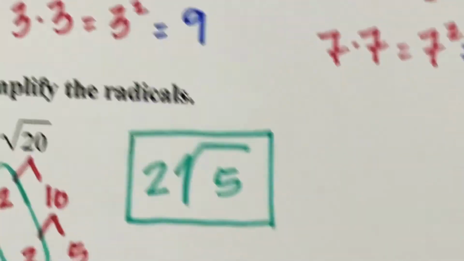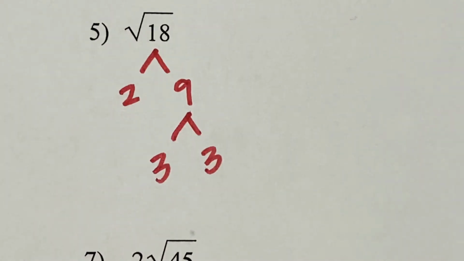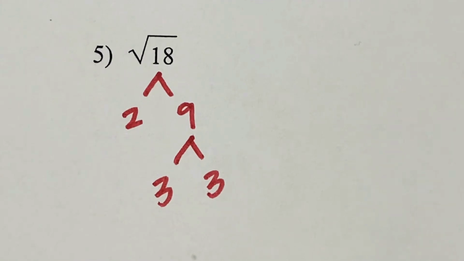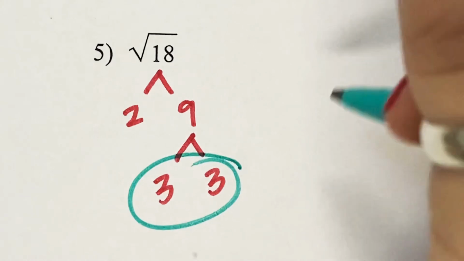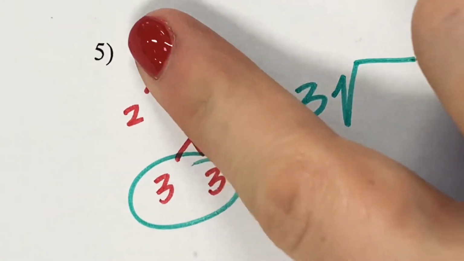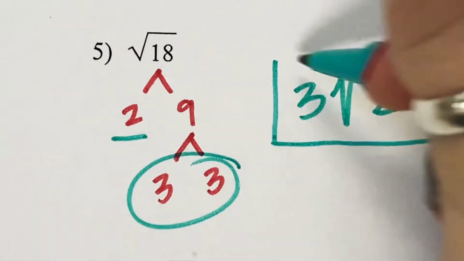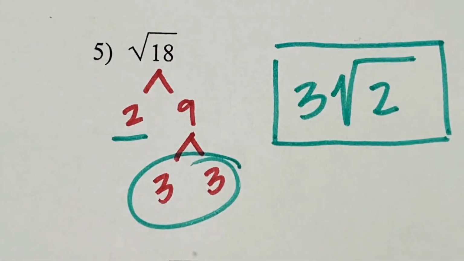Again, 9 is one of these great numbers that gives us an automatic pair. So I know 3 times 3 gives me 9. So what is my pair that can leave the radical? The 3s can pair up, they create one couple, and the only number that's left is that 2. So my simplified radical is 3 root 2.